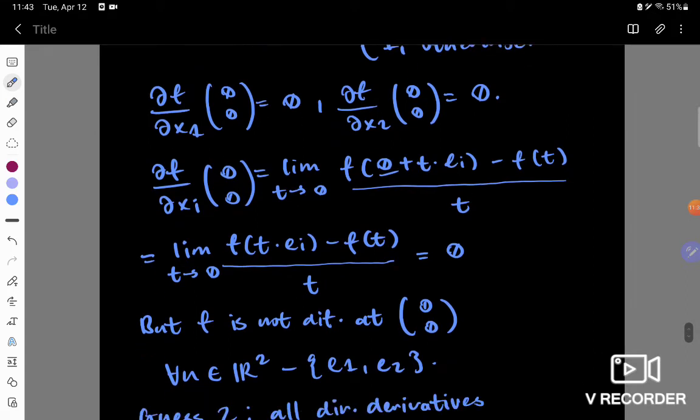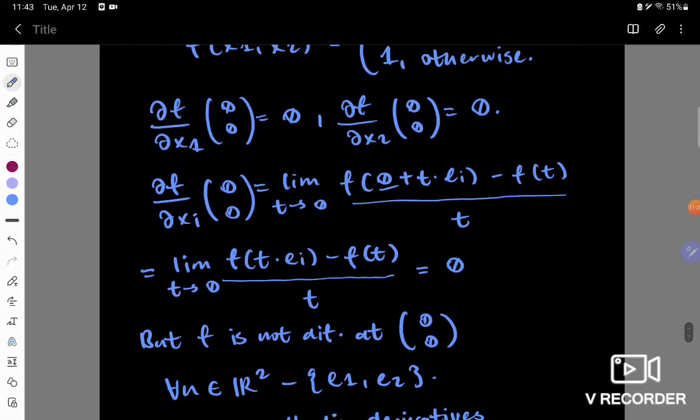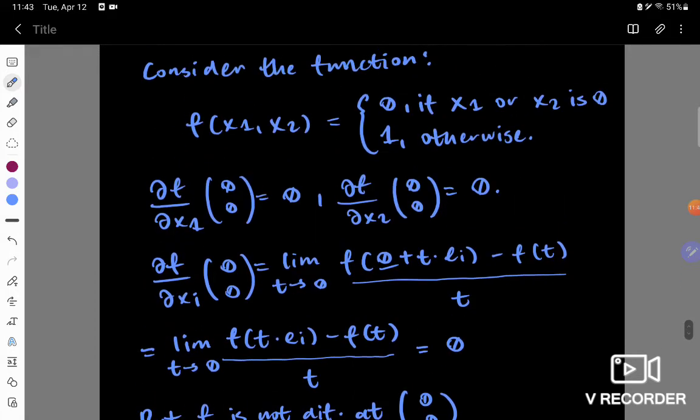I hadn't written this part out explicitly because I'd intended to give more of an intuitive understanding of why. Basically, this is kind of a jump, and you'll see that it's not even continuous, because if you approach along any other path other than these basis vectors 1, 0 and 0, 1, you are going to get a derivative that is not defined.